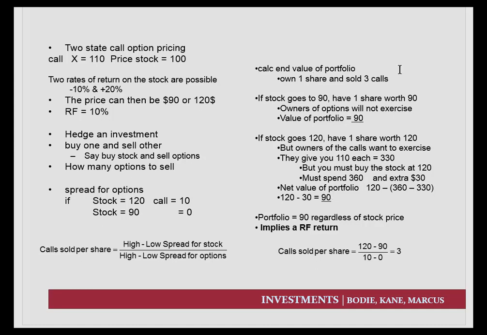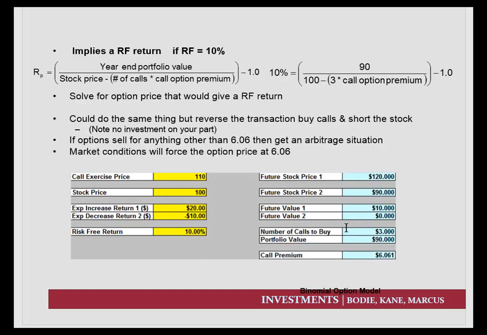So what this portfolio of 1 share and 3 calls created is essentially a risk-free investment. No matter what happens, your portfolio is going to be worth $90. So how does that fit into our formula? The only thing we haven't incorporated here is what you need to pay for the call premiums.